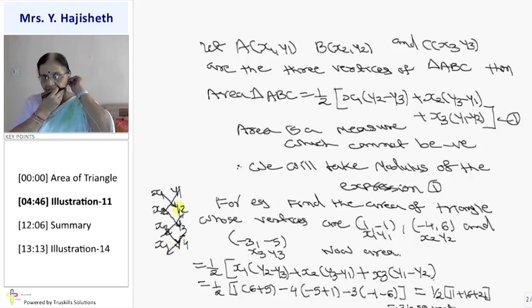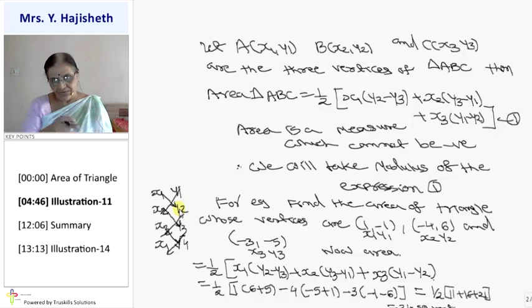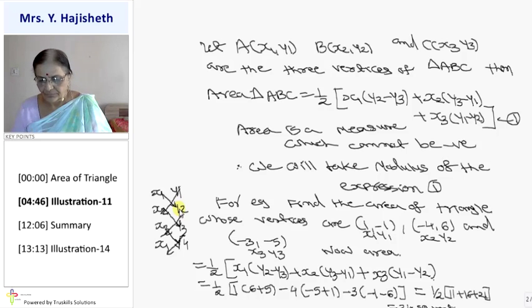So first 3 products with positive sign and another 3 products with negative sign. You add them, you will get the sum, and then you take half of that. You are going to get the answer same as 24 square unit. This is also one of the techniques: x1 y2 plus x2 y3 plus x3 y1 minus y1 x2 minus y2 x3 minus y3 x1. If you expand it, you are going to get like this. Try it and see.